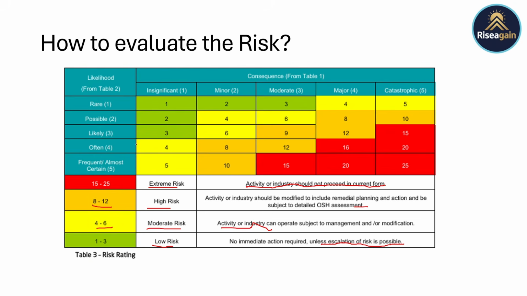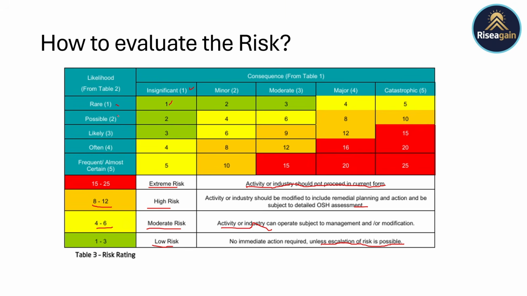So how it is like 5, for example, this is likelihood and these are the consequences. Okay, if this one rare multiplied by significant, it's called 1.